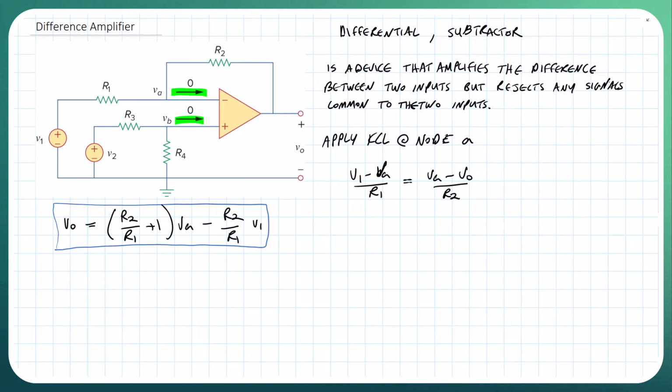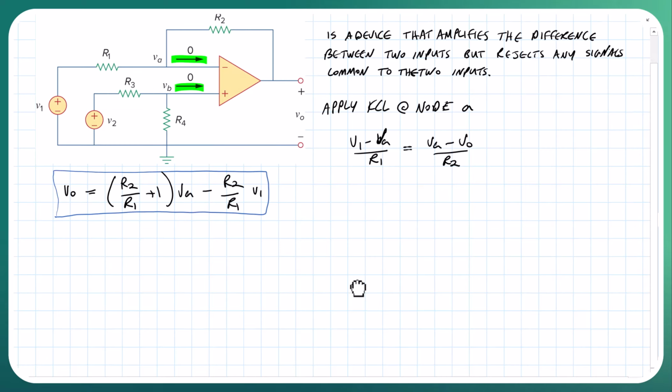And now let's apply KCL at node B. Here we've got V2 minus VB over R3, equals VB minus 0 over R4.